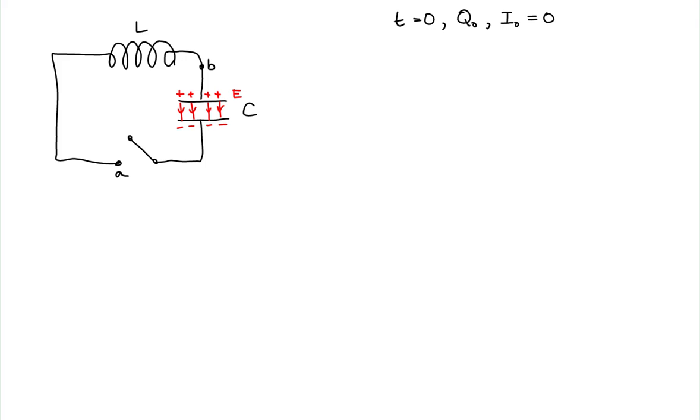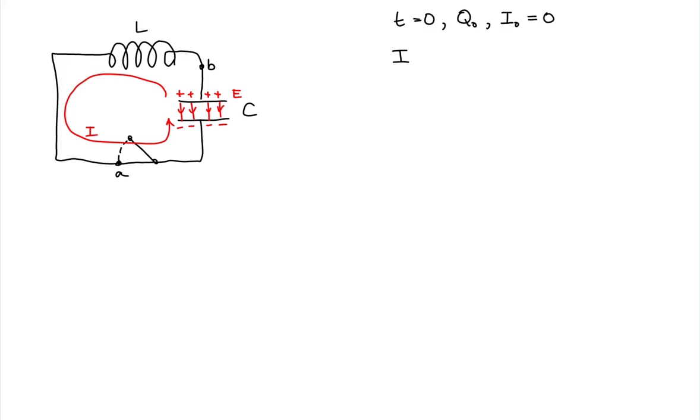At time t equals 0, let's close the switch. When we close the switch, that allows current to flow in the circuit. Now, the source of this current is the potential difference established between the plates of the capacitor. The capacitor donates its charge.